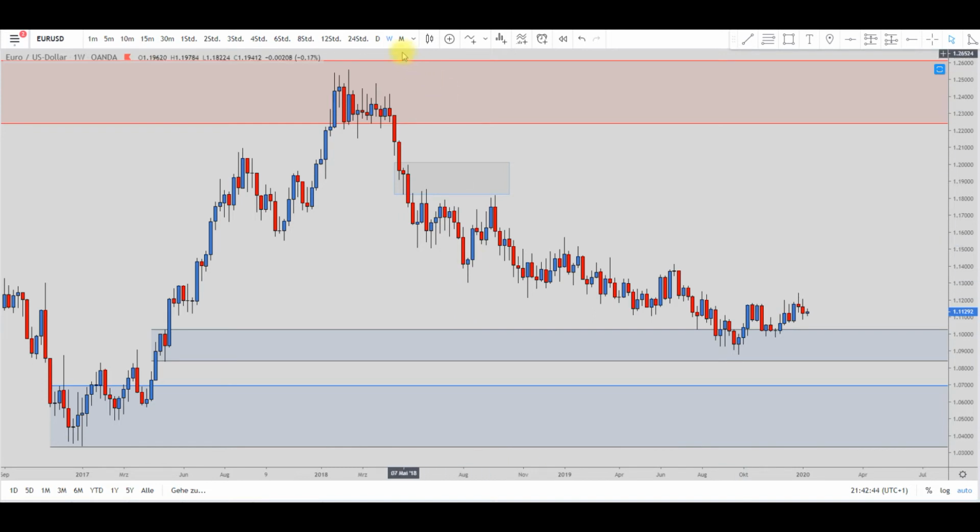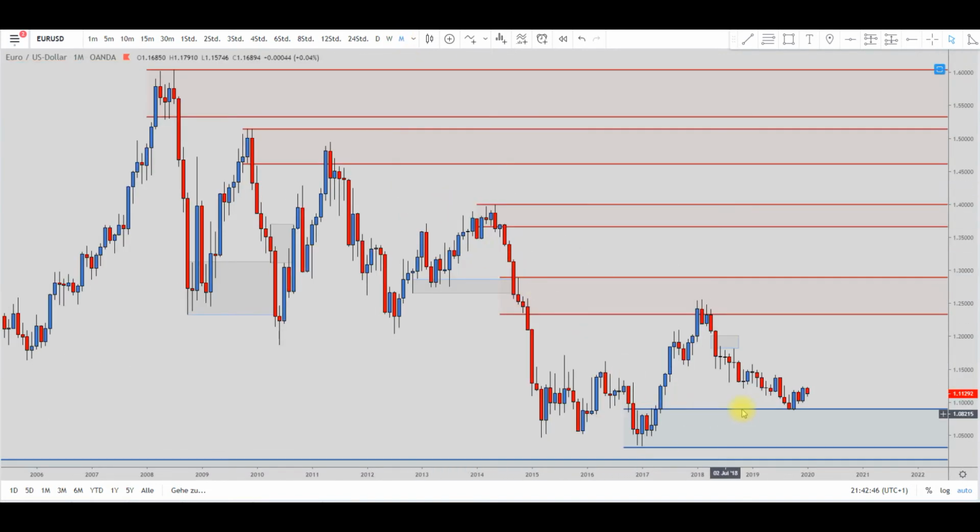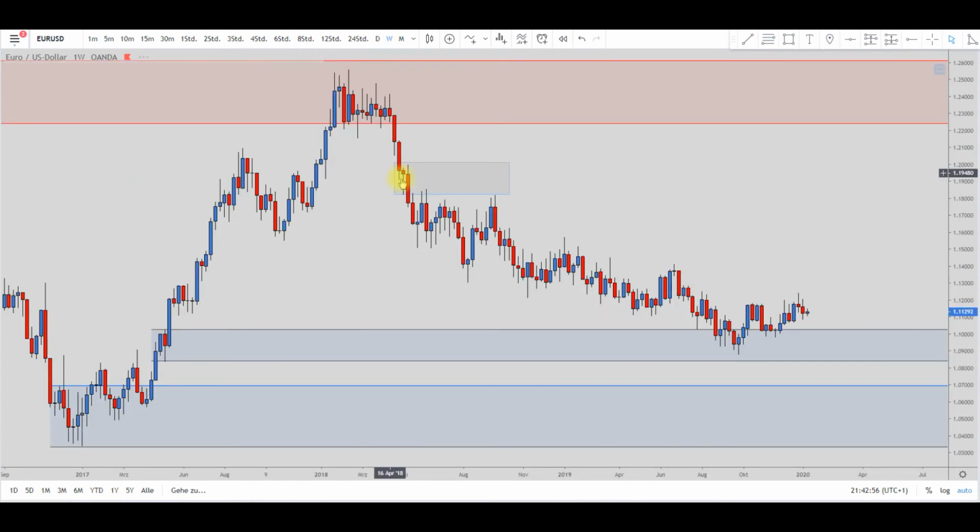If we go back to the monthly chart, we can tell that the monthly level of demand is divided into two levels of demand on the weekly chart.